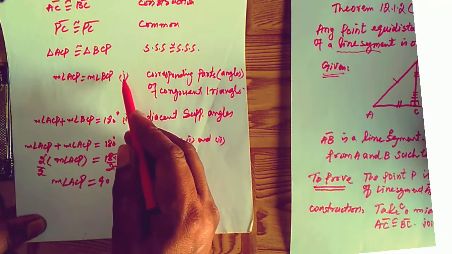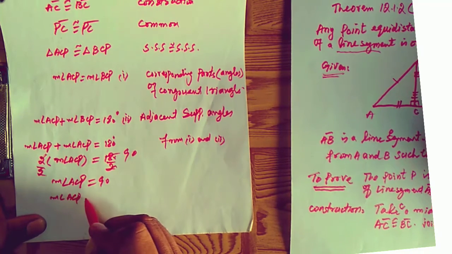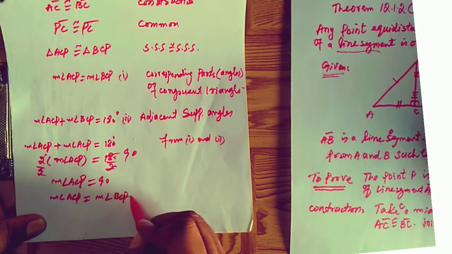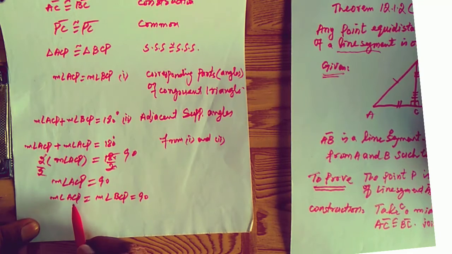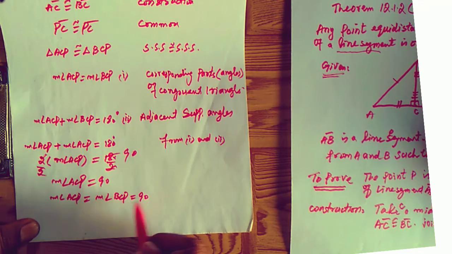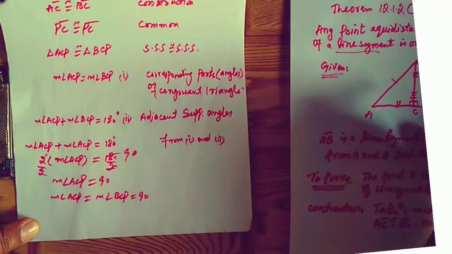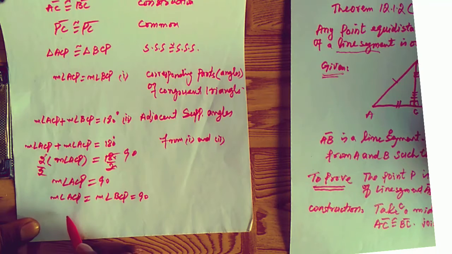So equation 1 becomes angle ACP is equal to angle BCP equal to 90 degrees. When angle ACP and angle BCP become 90 degrees, then we can say that PC is perpendicular to the line segment AB.